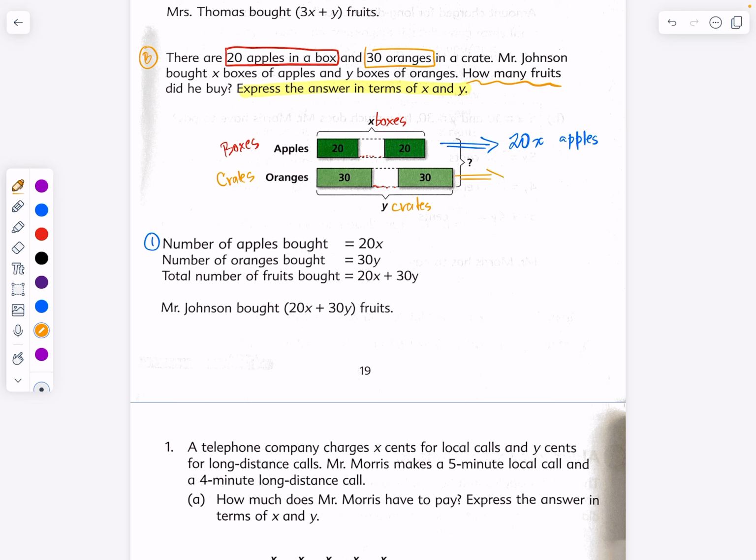In Y crates of oranges, 30 oranges each, it is 30 times Y oranges. And in total, how many fruits? Let's write an expression. We add them up. It's 20X plus 30Y. That is our algebraic expression. This is what we did: we translated English into the language of algebra.